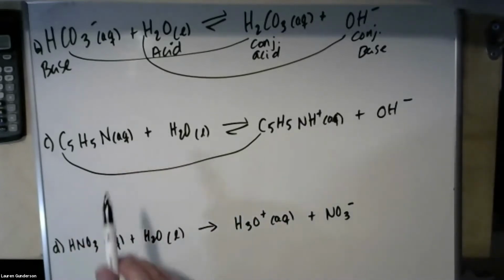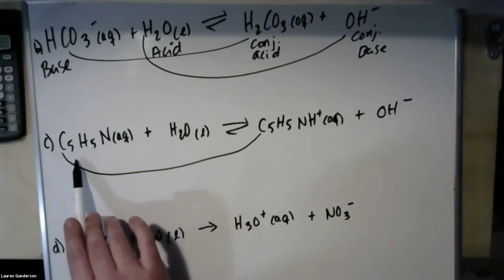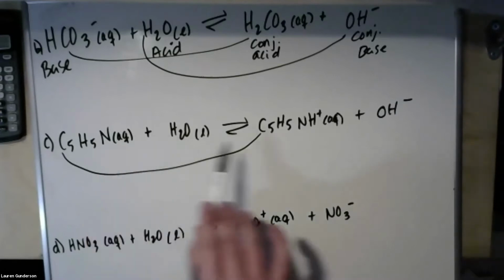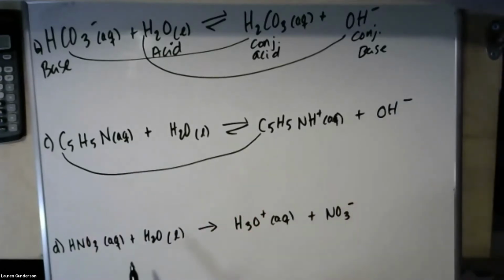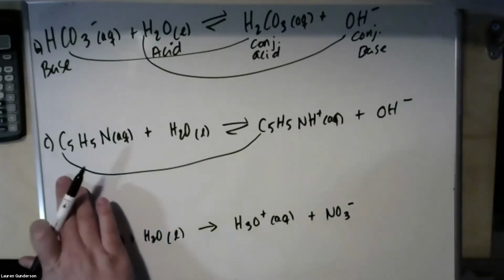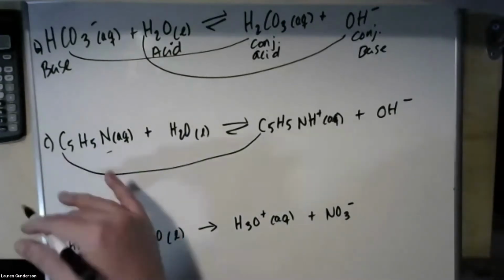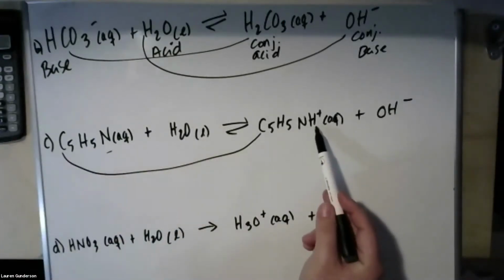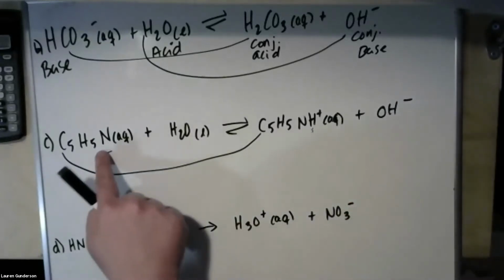We could see right away that we went from C5H5N to C5H5NH plus. So what did we do here? This compound accepted a proton, because in this form of the compound it has 1 additional proton.